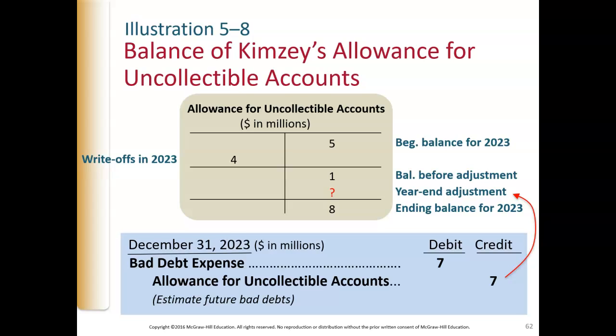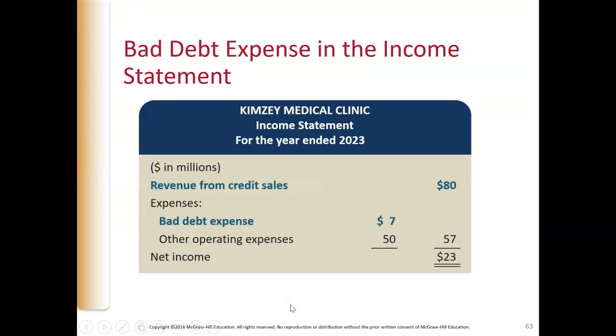So in this example, since we want $8 million to be the balance in the uncollectible accounts, we need to plug in. What do we need to do to get to $8 million? In this example, we only want a bad debt expense of $7 million and credit our allowance for $7 million, right? Because we overdid it the year before. Okay? Does that make sense?